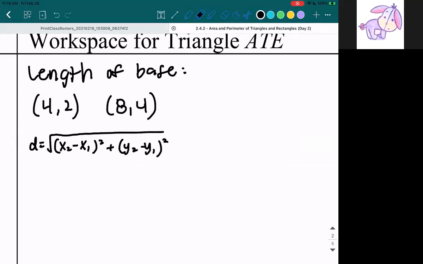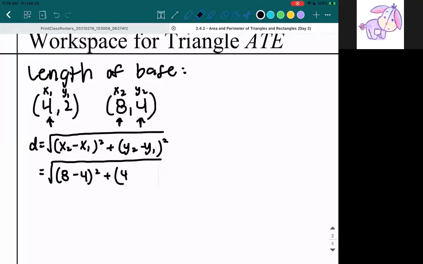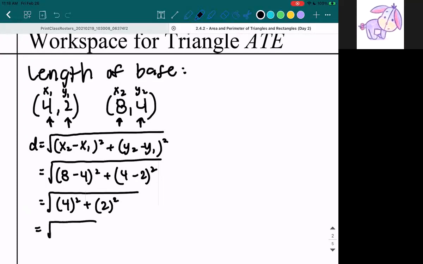All right, so we have our x1, y1 because they're both the first point. Now we have our x2, y2 because those are both our second point. So for x2 minus x1, we have 8 minus 4. y2, 4 minus y1, 2. 8 minus 4 is 4. 4 minus 2 is 2. 16 plus 4.